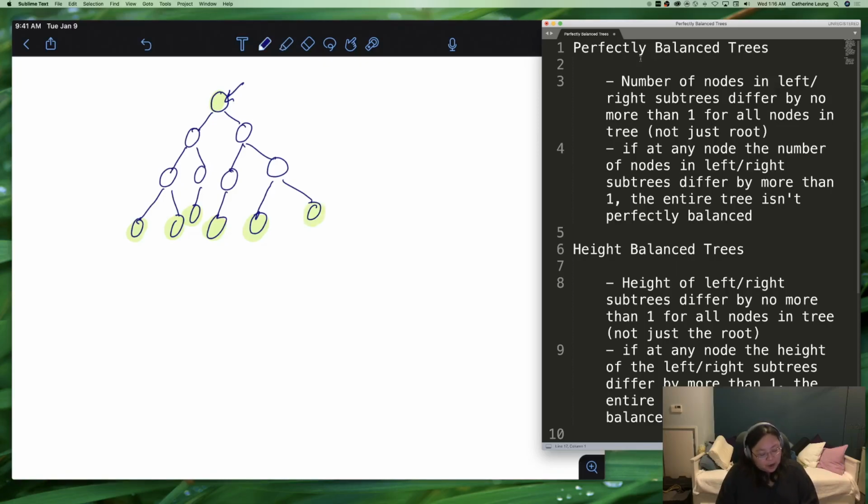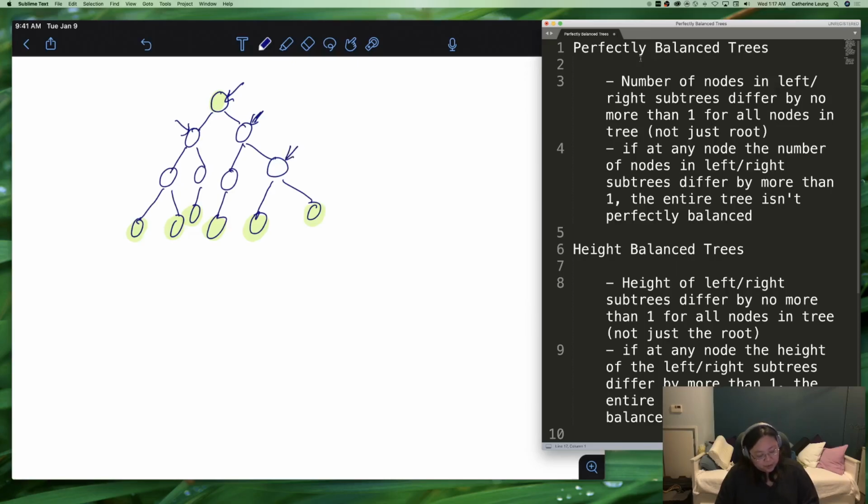If we start by looking at this one, the number of nodes on the left is 2 and the number on the right is 3. So 3 versus 2, the difference is 1. We're okay. Then we look at this node right here: 3 on the left, 2 on the right, so the difference is again 1.